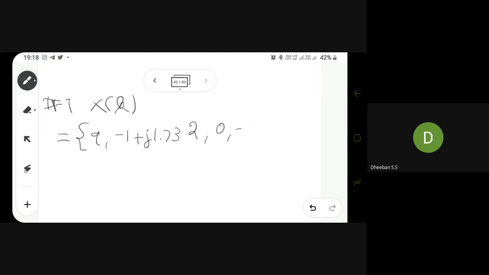So now we can write the DFT x of k will be equal to 9, comma minus 1 plus j 1.732, comma 0, comma minus 1, comma 0, comma minus 1, comma minus 1 minus j 1.732. This is a different problem, but this is how the theoretical part is built.